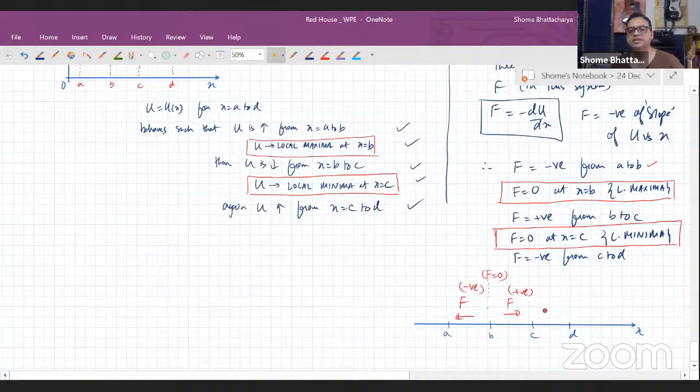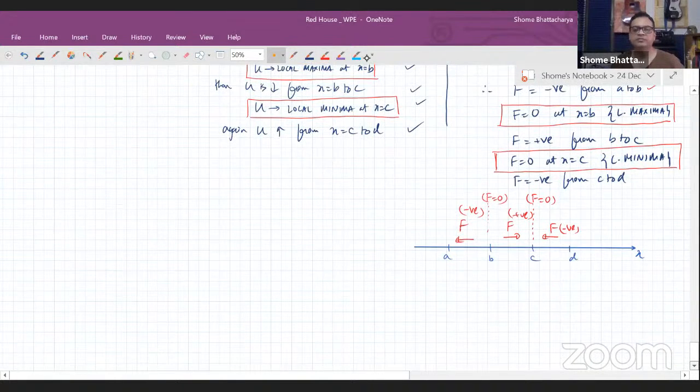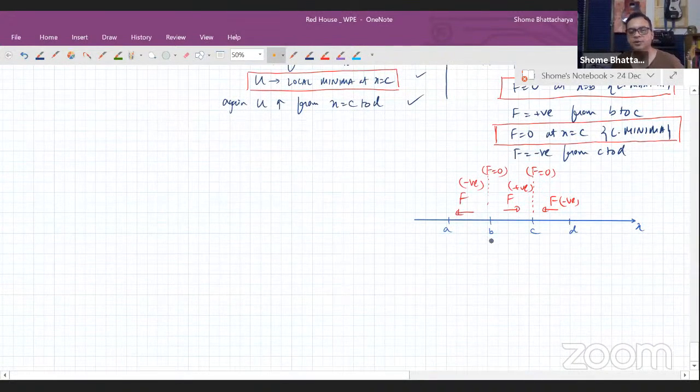And then between C and D, the force is again negative. It's pointing in this direction. And at C, the force is 0. So this tells me that if I put the particle at the point x equal to B, it will be in what we call an unstable equilibrium.